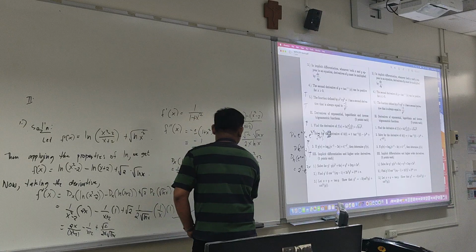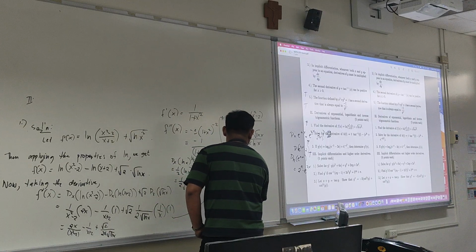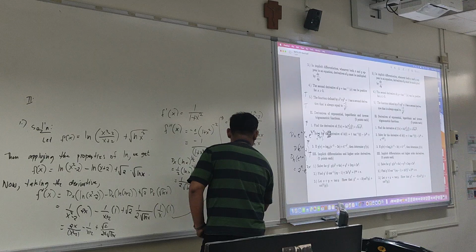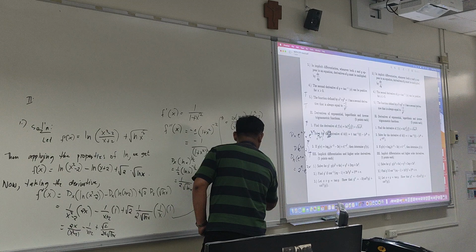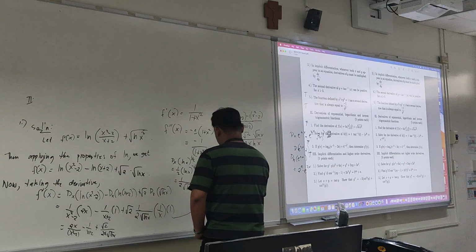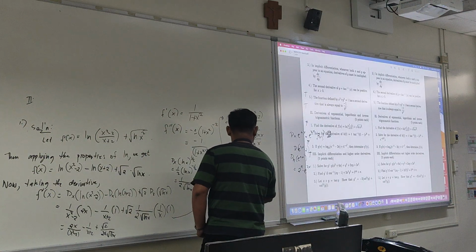So this is equal to x squared plus 4x plus 2 all over x squared minus 2 times x plus 2 plus square root of ln x squared all over x. So this is our final answer now.